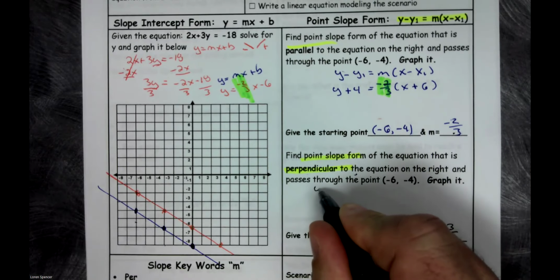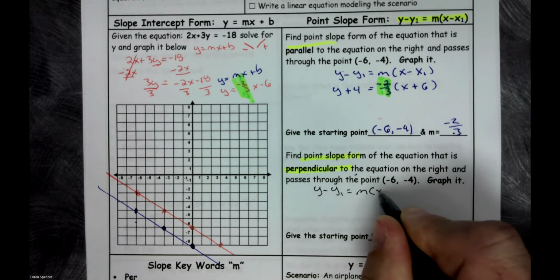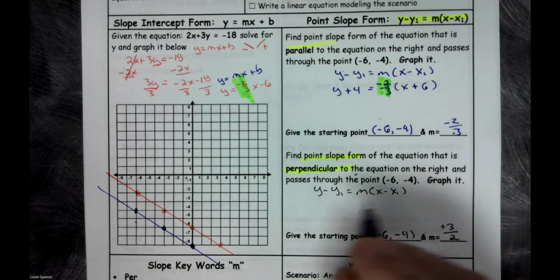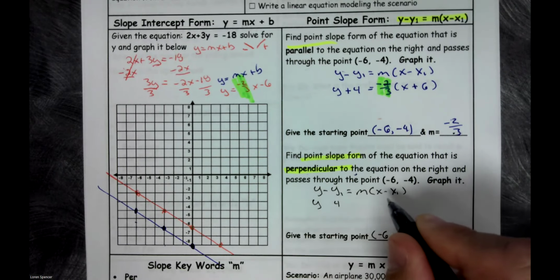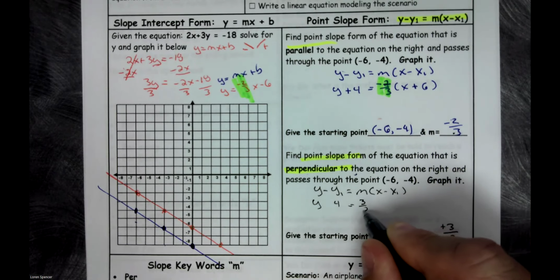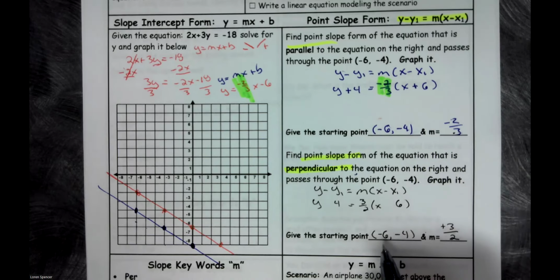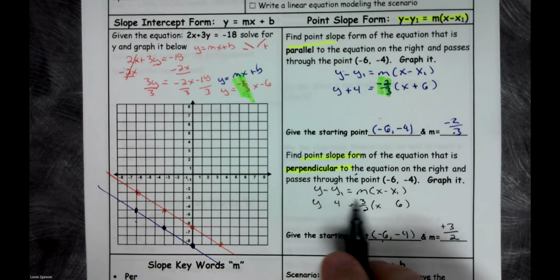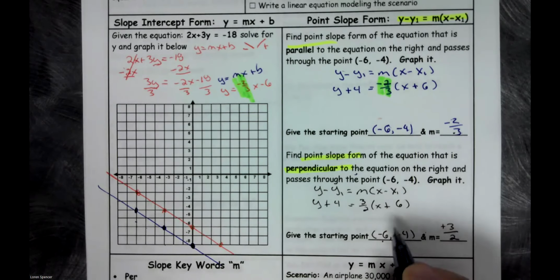So we have y minus y1 equals m times x minus x1. And we know that this is a 4. This is 3/2. This is x. And the x's are associated with the 6. But remember, they're liars, so this becomes a +4 and a +6.